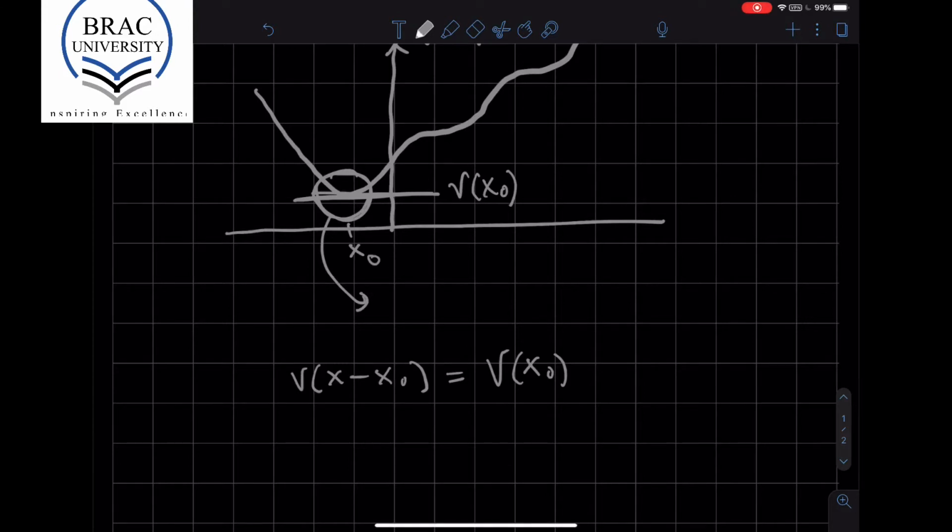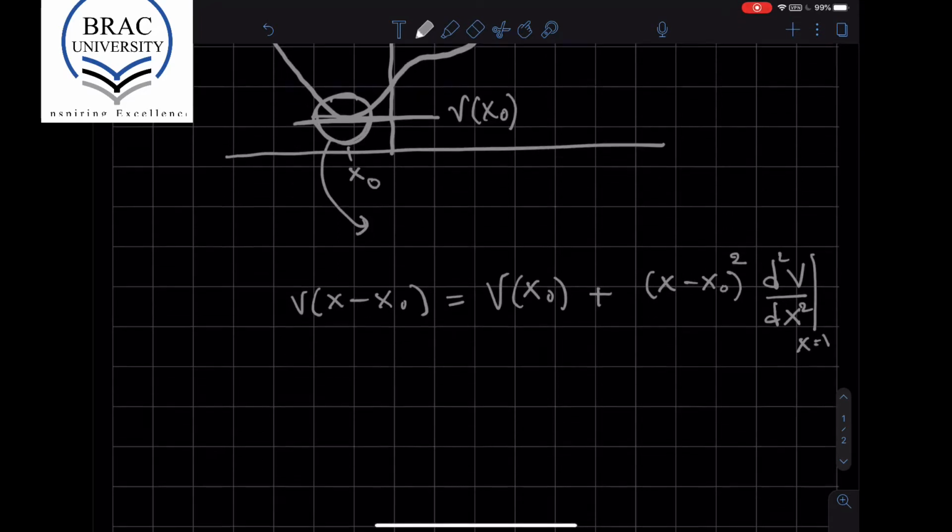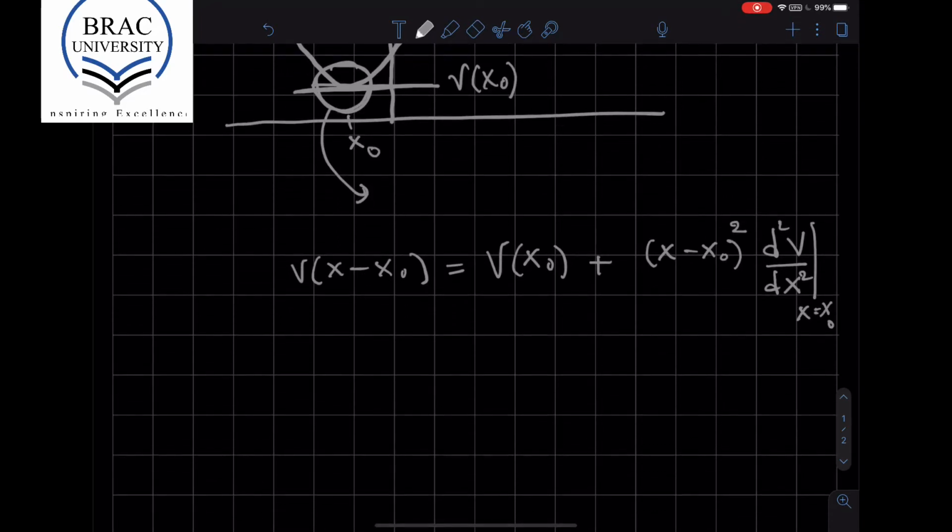Because it's a minimum, the linear term in the Taylor expansion of the potential around x0 will be absent. So the first correction will be (x minus x0) whole squared, times the second derivative of the potential at the point x equals x0.